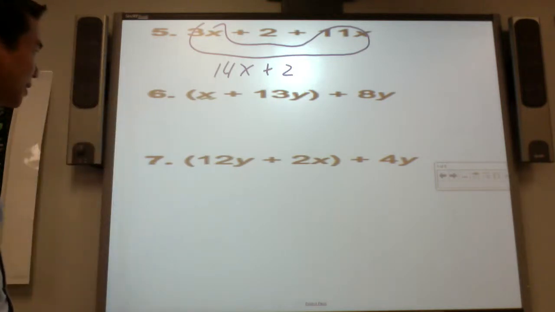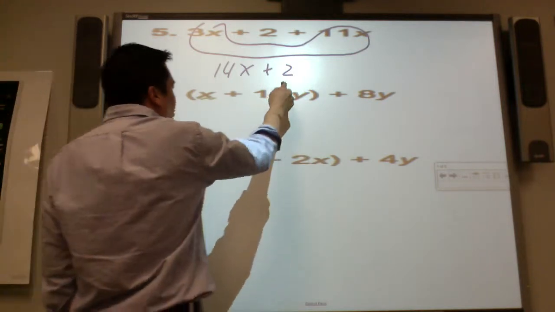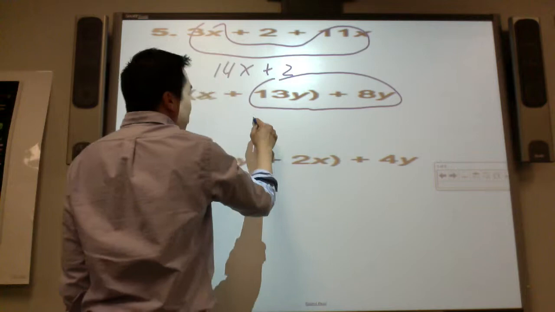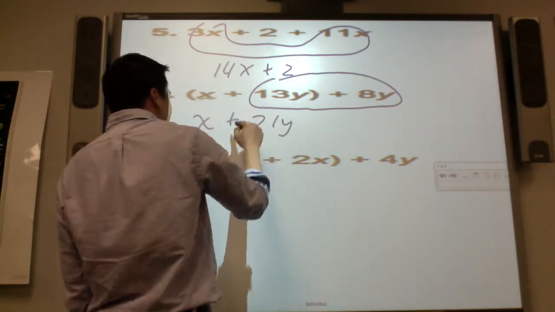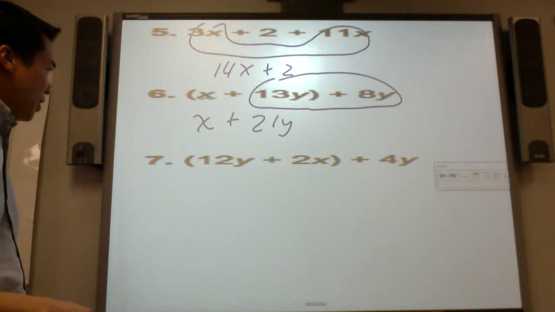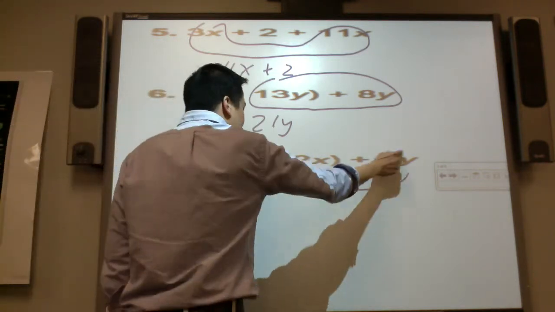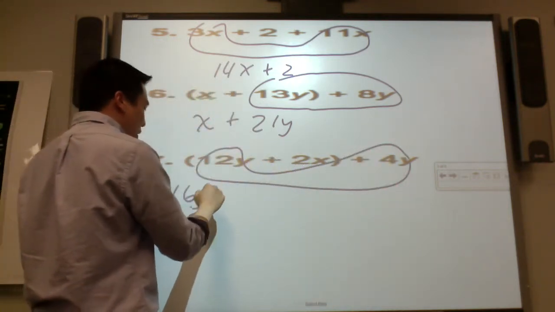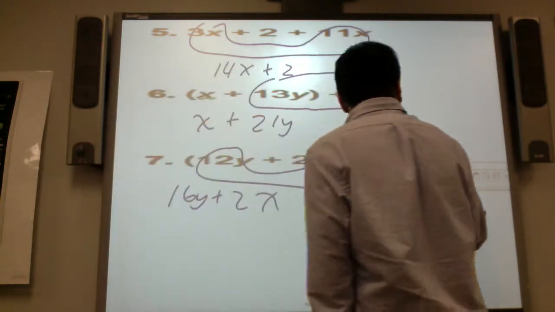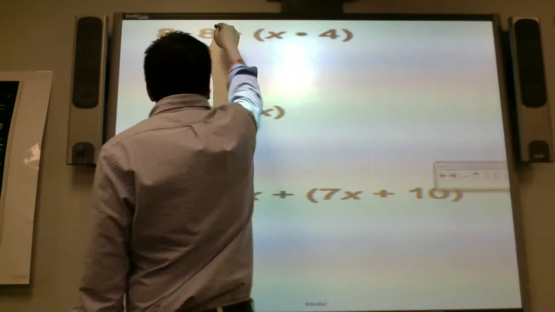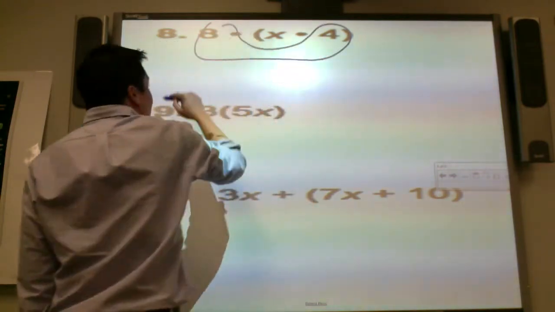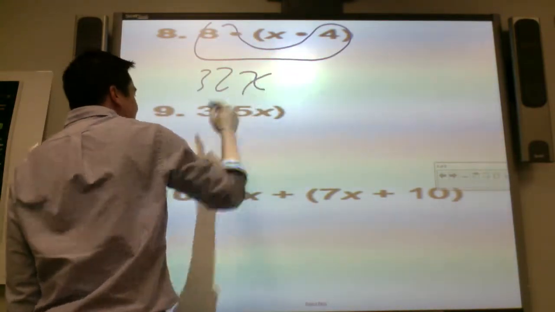Number 6, grouping the y's together, that would be x plus 21y. Number 7, grouping the y's together, that would be 16y plus 2x. Number 8, grouping the 8 and the 4, that's 32x.